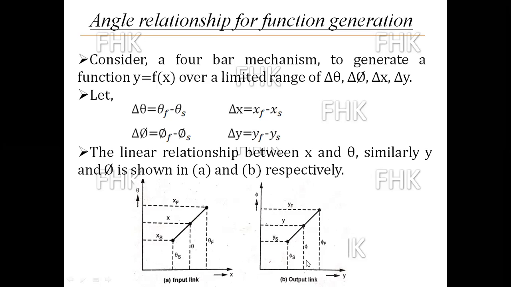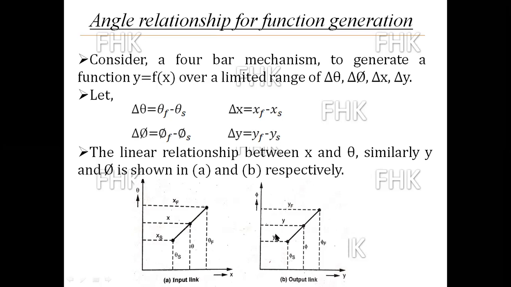Likewise for the output link, if on the x-axis I plot the precision points from y starting to y final, I will find a linear relationship of precision point with respect to inclination of output link phi.